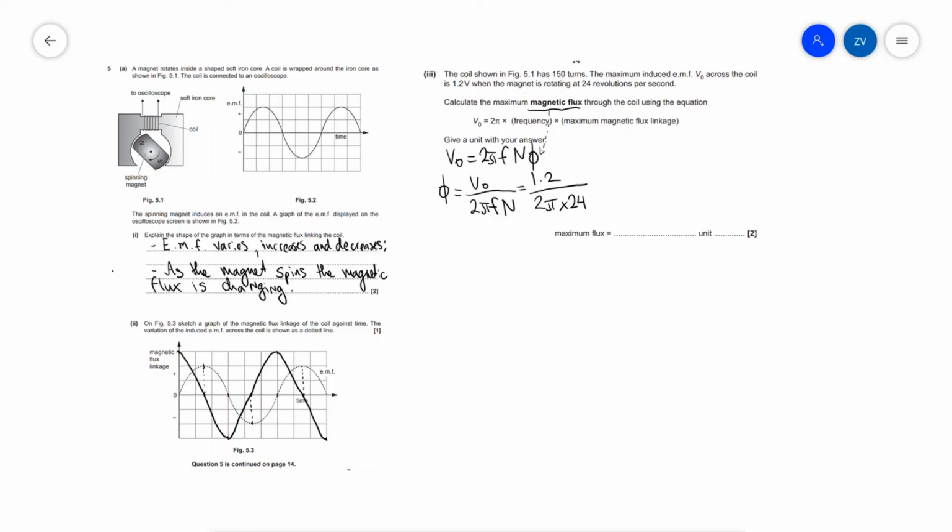In this case, it does 24 cycles in a second, multiplied by N, which is the number of turns, which is 150. And if we input this into a calculator, we're going to get a value for the maximum flux, which is 5.3 times 10 to the power of minus 5, and the unit of magnetic flux is Webers.